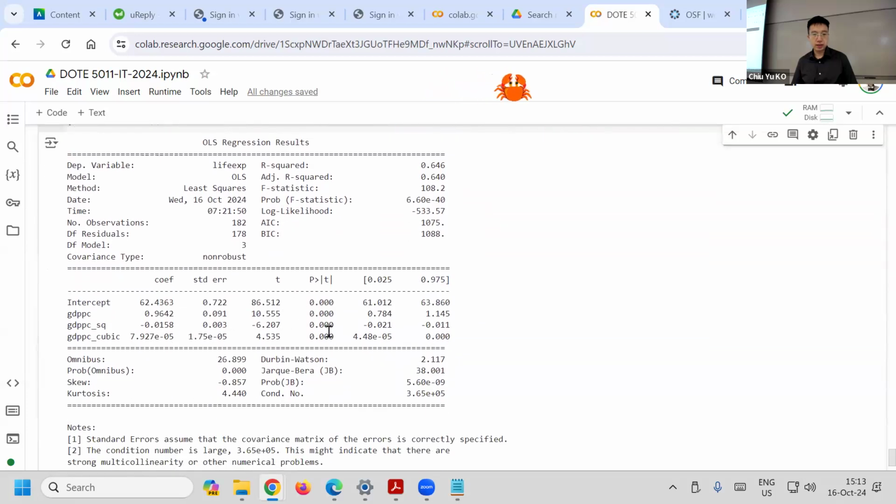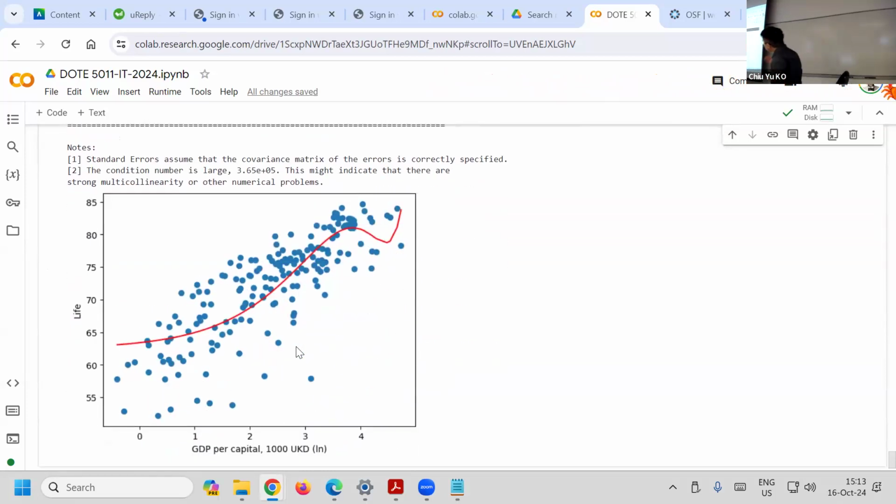This is the data. Still, you can see when you fit the cubic, the p-value is still there, so fitting cubic is not too crazy. And the data looks like this, but then becomes more puzzling.